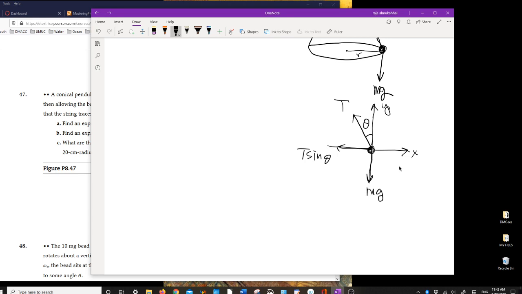Then I have here T cosine theta, correct? So the sum of the forces in the y direction is 0, because it's moving in a circle, and the mass m here is not moving up and down, so that should be 0, right?